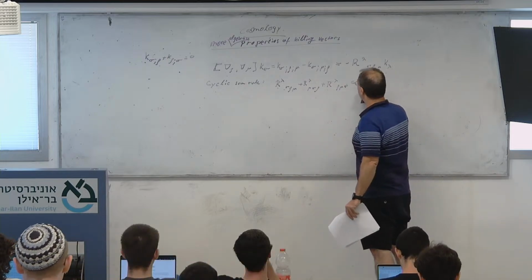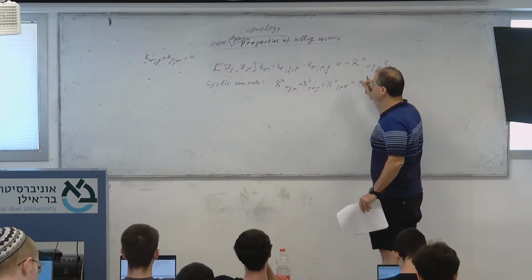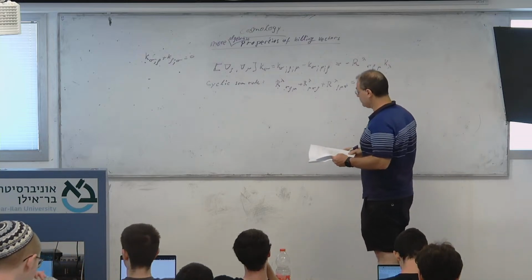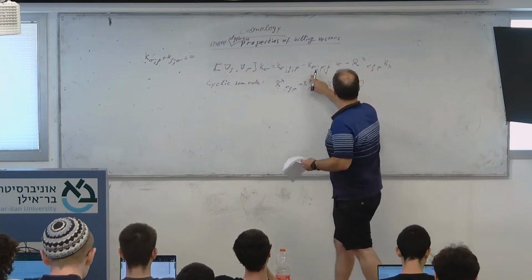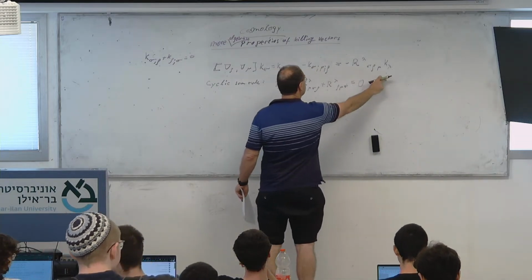I'm going to use that here. For any vector, not just the Killing vector, I can add up these terms to get 0.